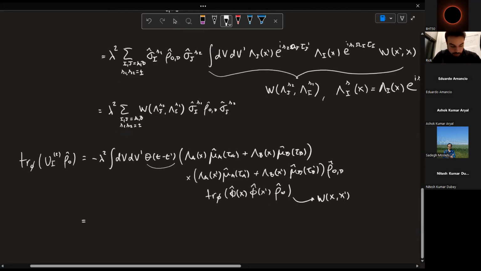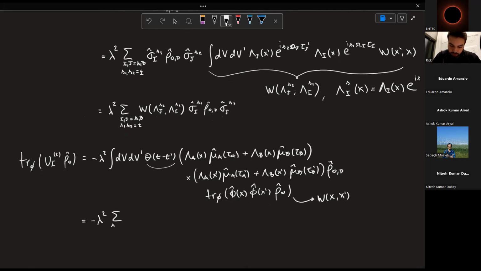So basically, if you do this calculation, what you will find will be minus lambda squared, the sum over S1, S2 equals plus or minus, ij equals AB. And now we don't have to flip the arguments of the Wightman function. Notice that here it's W of x x prime. We had W of x prime x before.